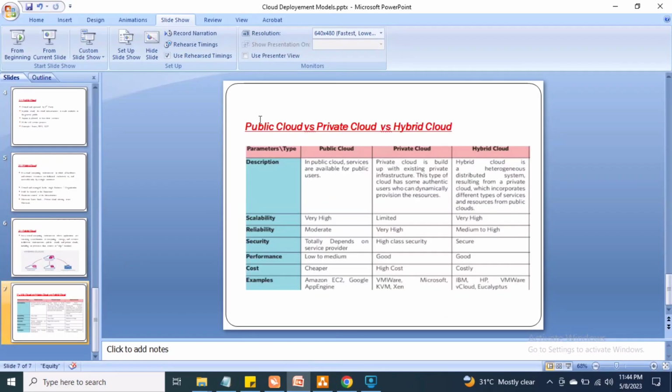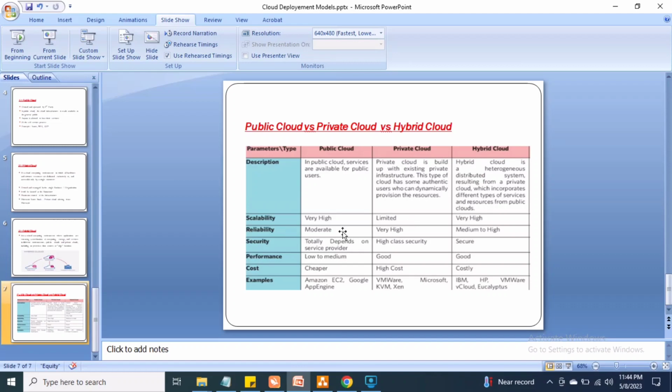You can see this is private cloud versus public cloud versus hybrid cloud. Here we can see the scalability. The scalability is very high in public and hybrid cloud, but in private cloud it is limited because it is hosted and owned by a single organization, and they are using it on their own.